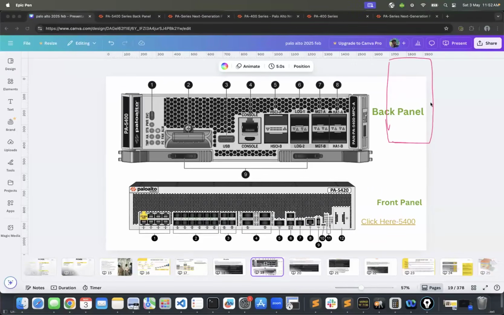How many failover ports? HA1, HA1 backup, HA2, HA2 backup, HSCI, HA3, HA3 backup. So a total of 6 ports are required. That is the maximum to connect a firewall for failover to have maximum capacity.